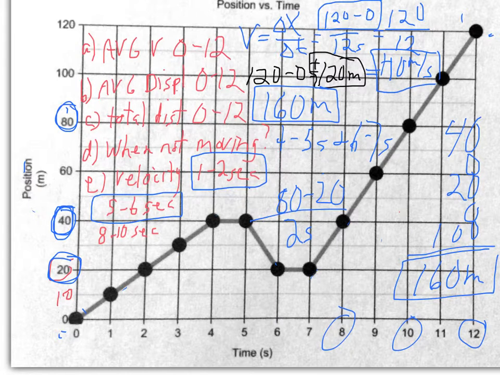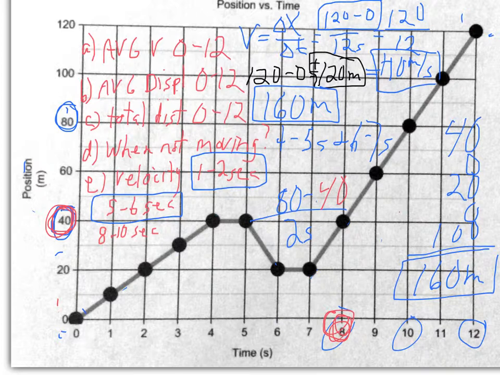Oops. All right, correction. Where are we at 8 seconds? That's my bad. Where are we at 8 seconds? We are at 40, not 20. So this should say 40. Sorry about that.